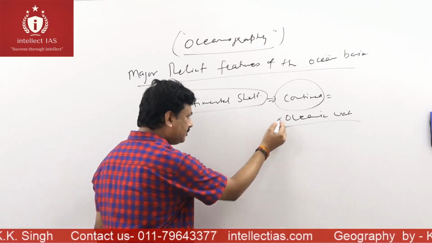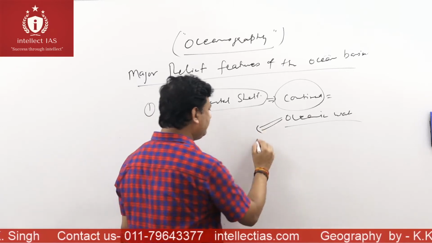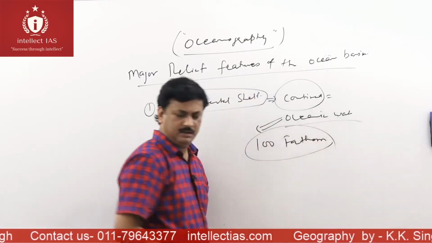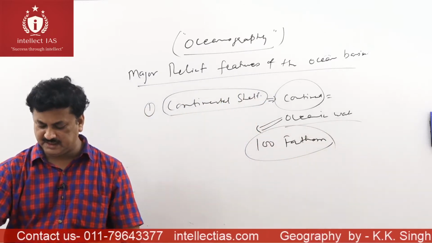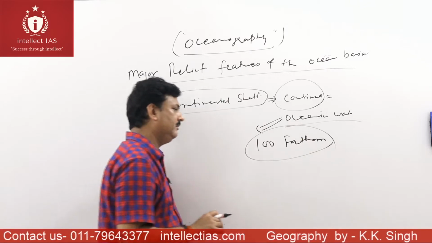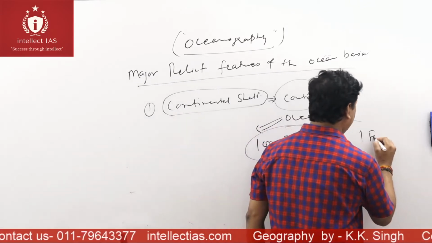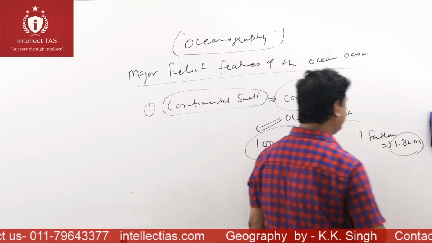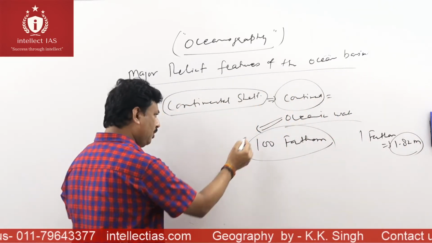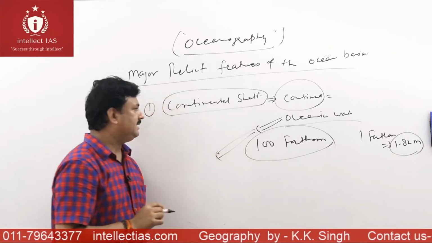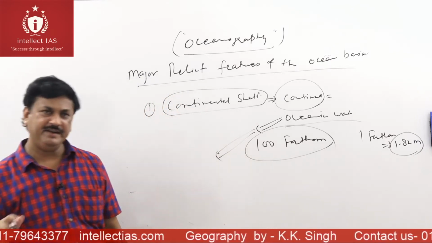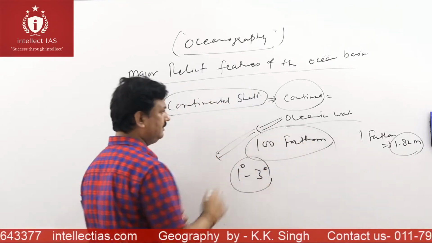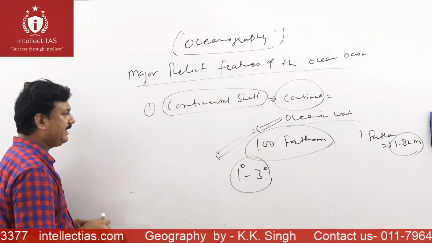The depth of oceanic water here is about 100 fathom. 1 fathom is equal to 1.82 meter. And the slope of this continental shelf towards the ocean varies between 1 degree to 3 degree.